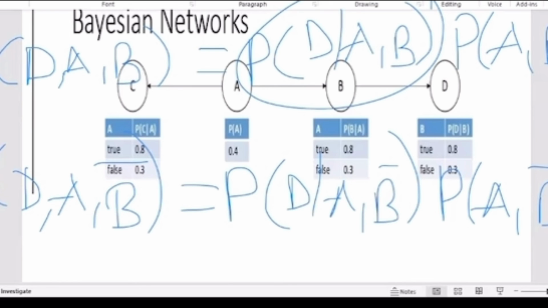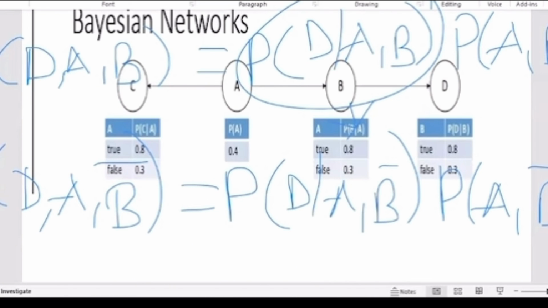But let me tell you this. Do you know that when D depends on B and depends on A, then we need the direct parents. We don't need the grandparents. This is going to be the same as probability of D given, what is the direct parent?